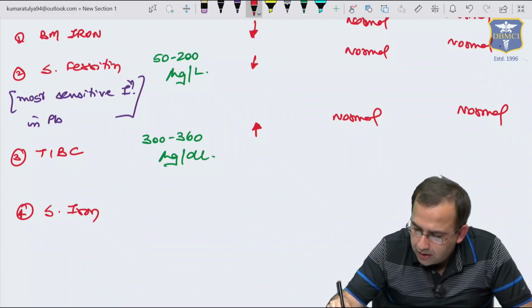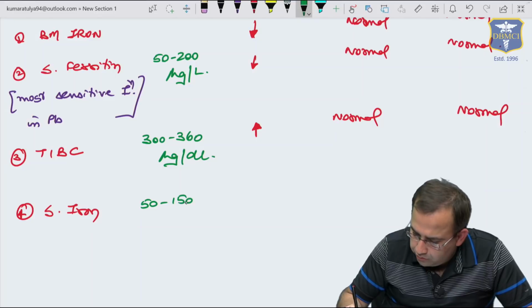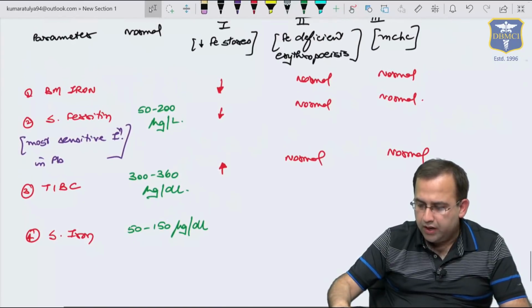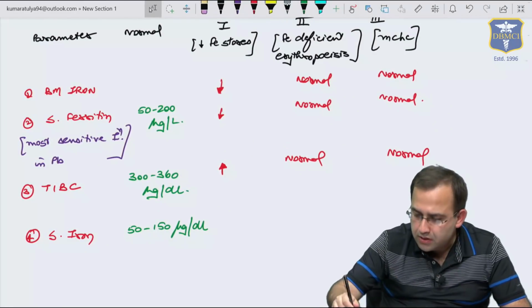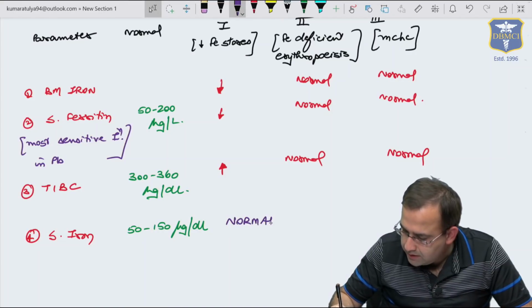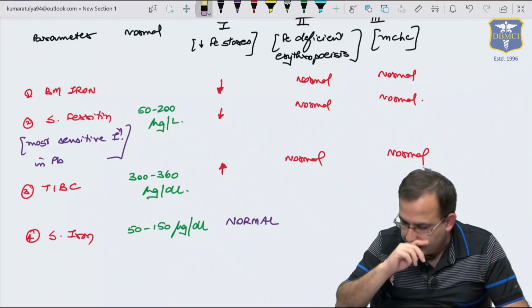Next is serum iron. Normal serum iron is 50 to 150 micrograms per deciliter. Stage 1 is reduced iron stores. Serum iron is still normal. My mistake, I don't know what I was thinking.